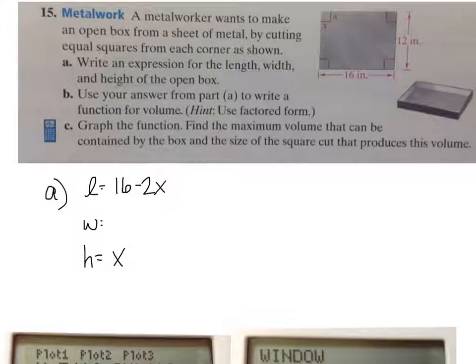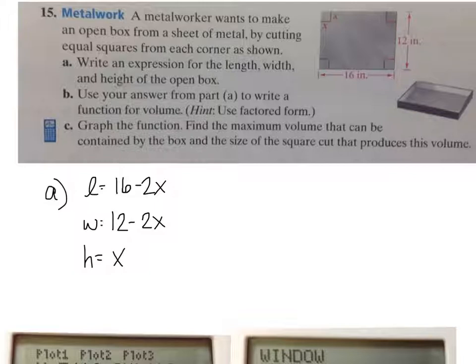So what does that make the width? It starts out at 12. What gets taken away from it? 2x as well, because x is coming away from each corner. All right, part A is done.